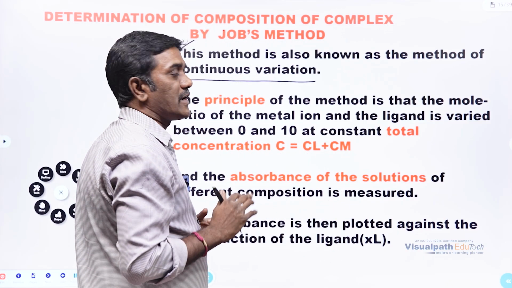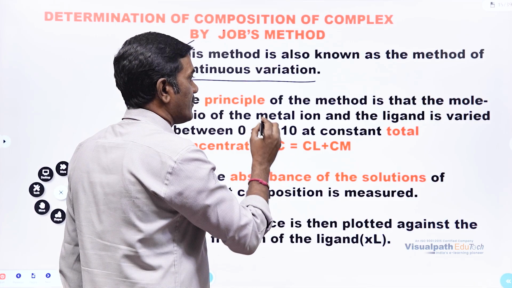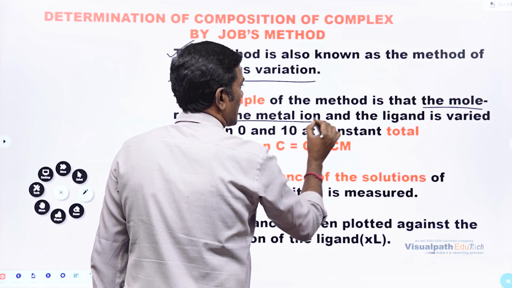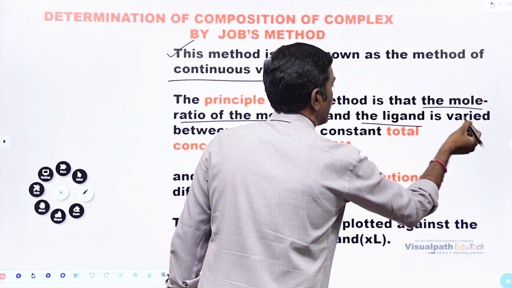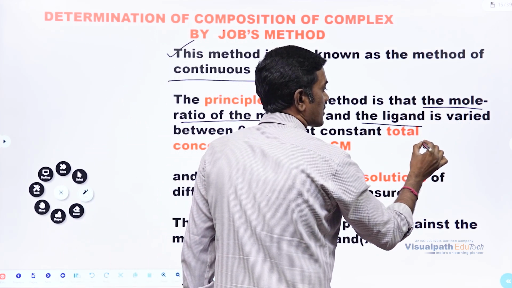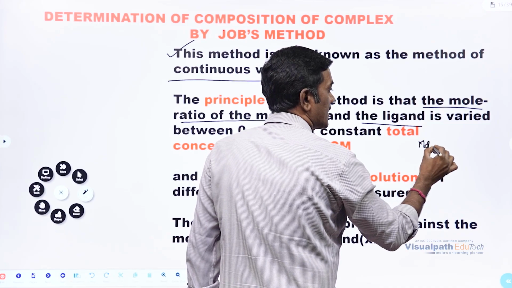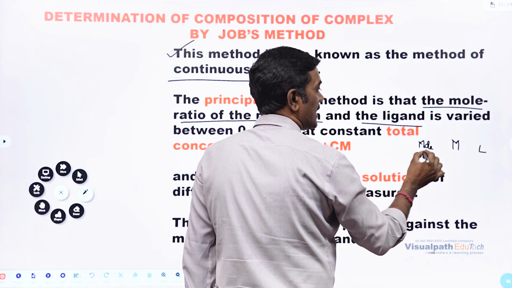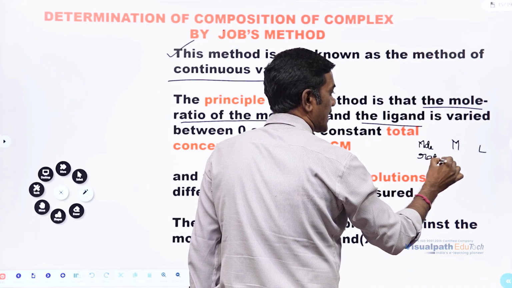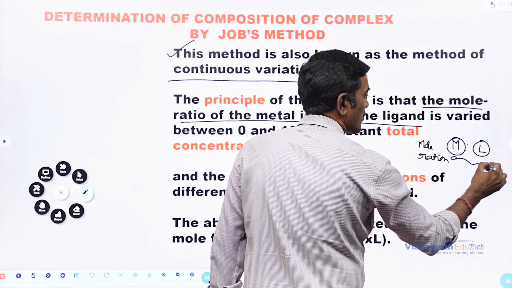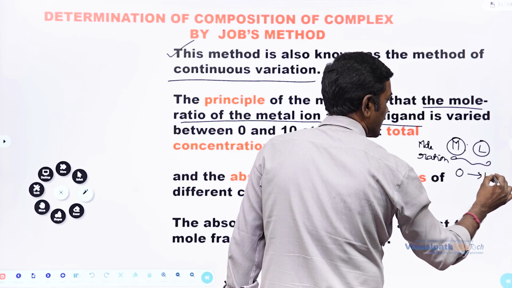The principle in this method is very easy to understand. The mole ratio of the metal ion and the ligand is varied between 0 to 10. What does that mean? We will take some amount of metal and some amount of ligand. This mole ratio will vary from 0 to 10.